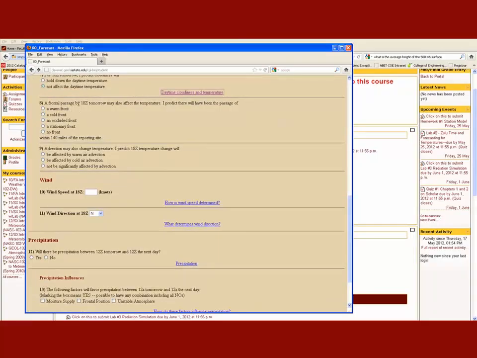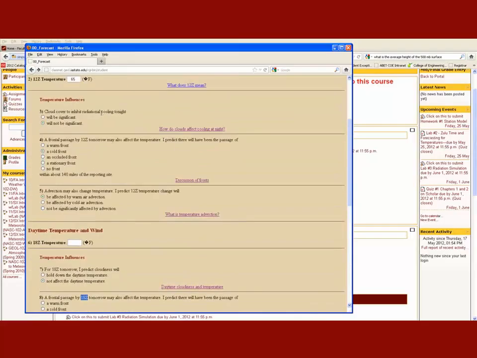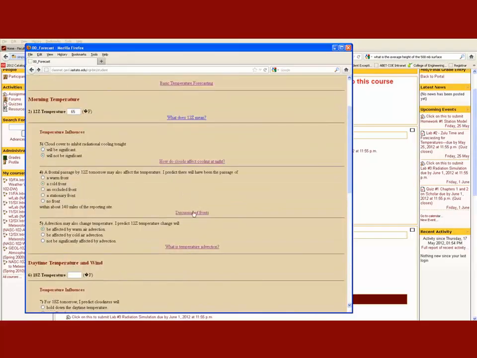And then we have to figure out if a front is going to pass through at 18Z. Recall from the 12Z help link, it will check for the presence of a front 5 hours before your forecast time, which is 18Z, which would be 13Z. Let's go back up here.